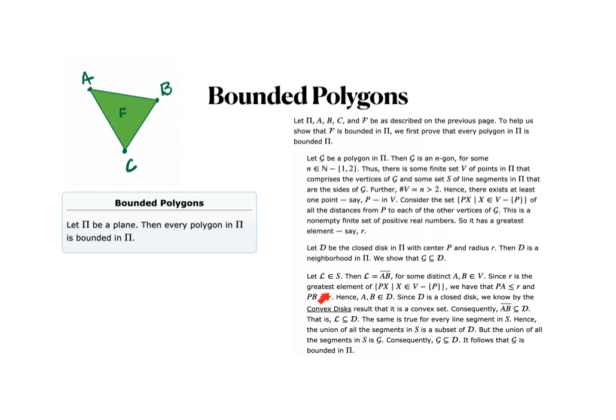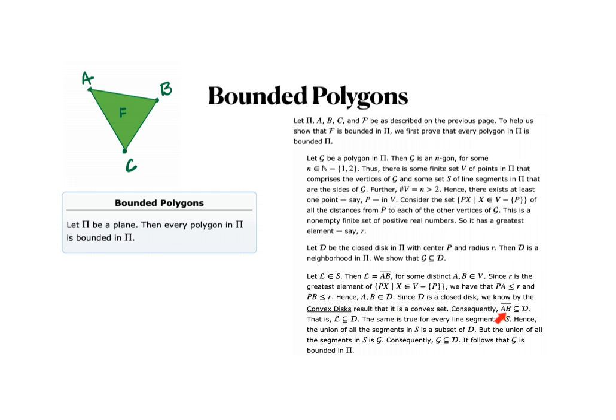Since R is the greatest element of my distance of P from each of the vertices, we have that PA is less than or equal to R, and PB is also less than or equal to R. Hence, A and B are elements of D. Since D is a closed disk, we know by the convex disk result that it is a convex set.